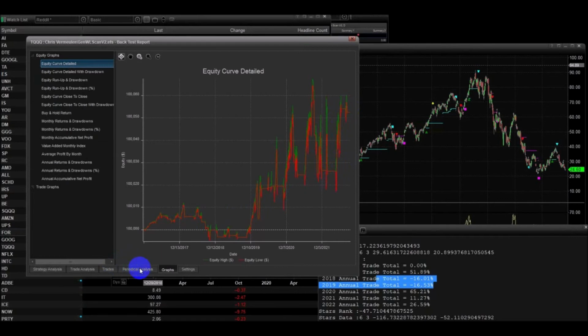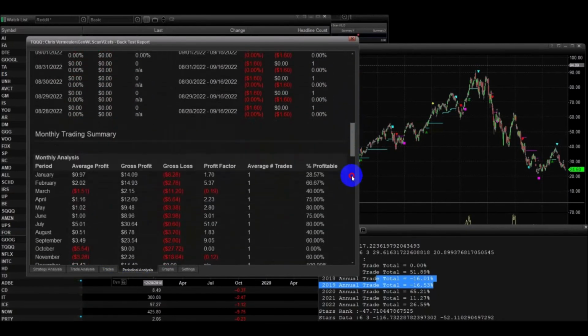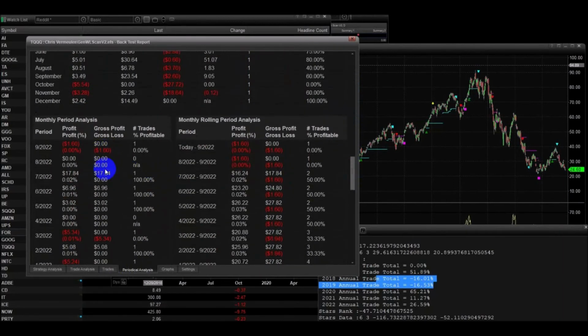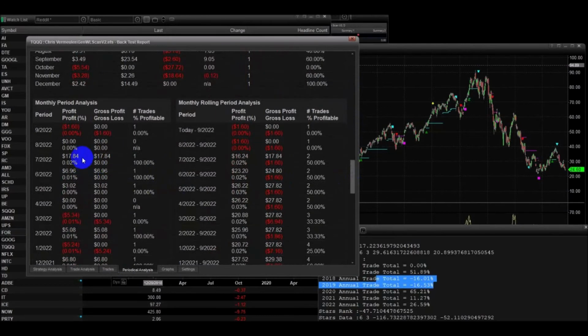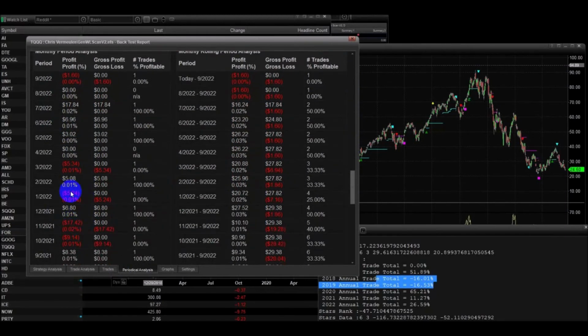If we come over here to the periodic report, so here's our reports. Monthly, periodic rolling analysis. So we've gone positive, and here's our couple of negatives back here where we had gone negative.